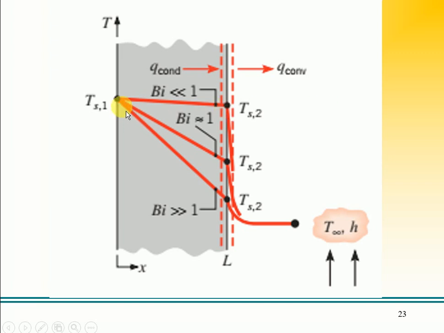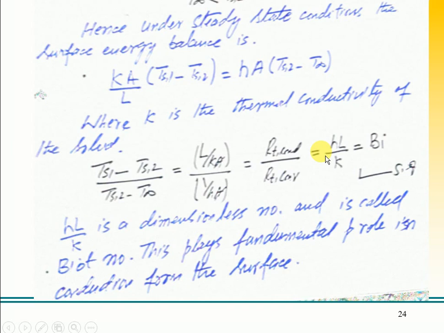This equation clearly shows that, I think I will discuss this number later on. Hence, under steady state condition, the surface energy balance, we know that kA by L (Ts1 minus Ts2) equals hA (Ts2 minus T infinity).